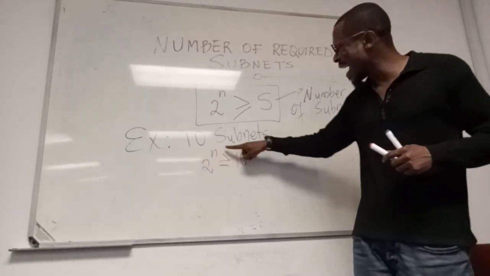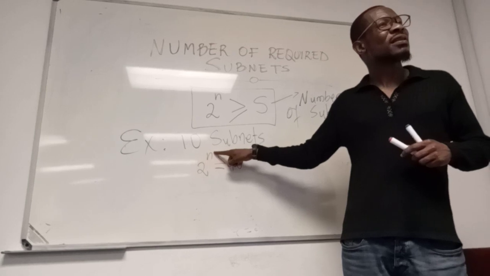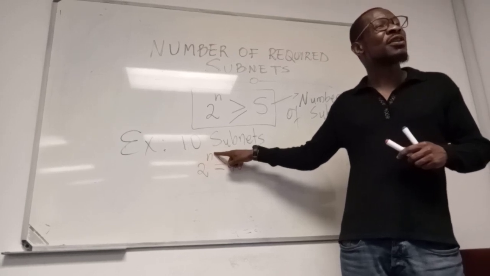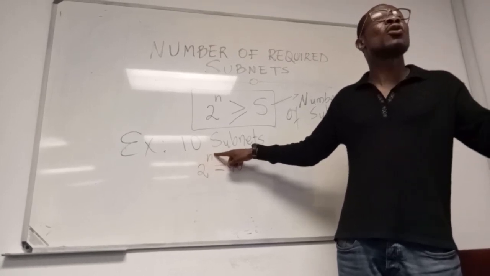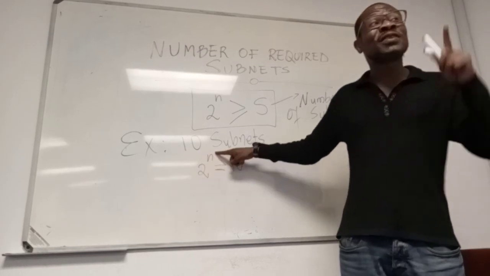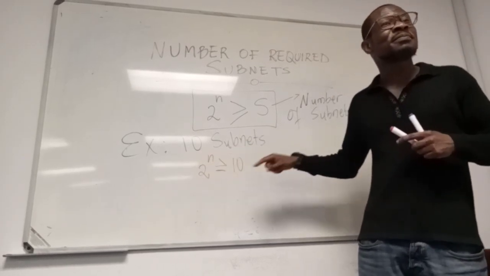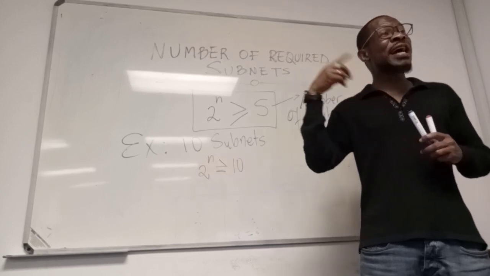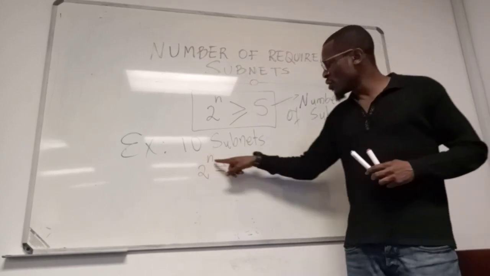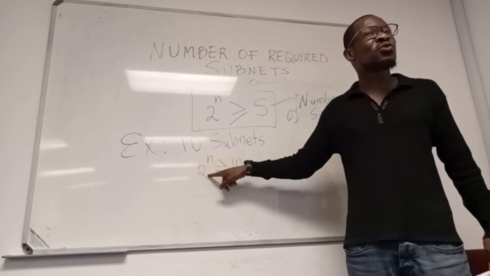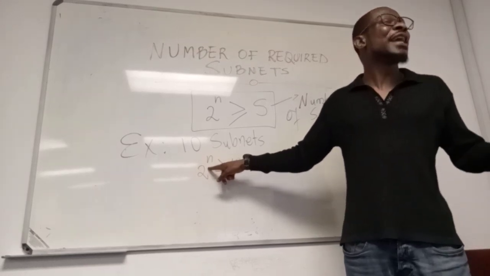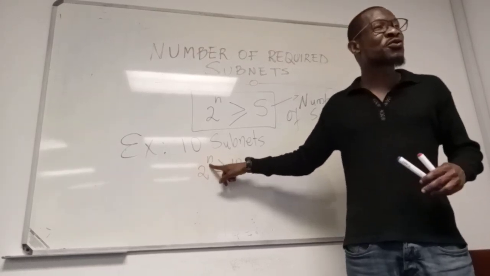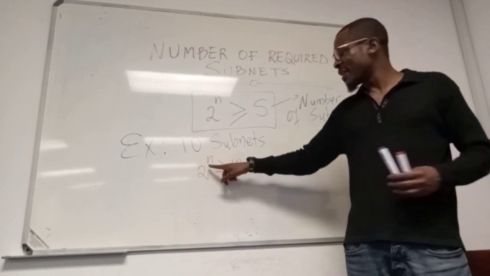In order for 2 to the power of that number to give you 10, or a number more than 10. You cannot use 1, because 2 to the power of n would be less than 10. 2 to the power of 2 is 4, less than 10.